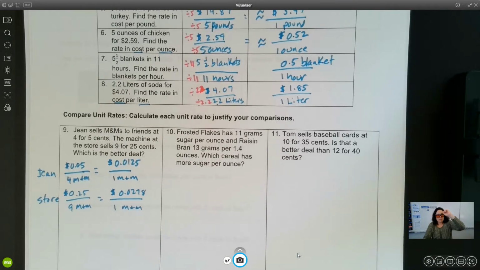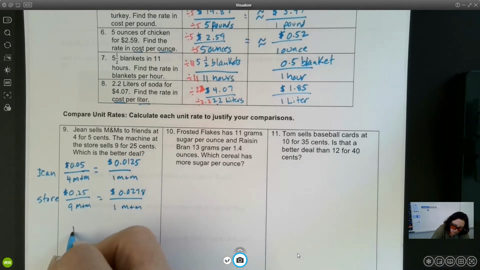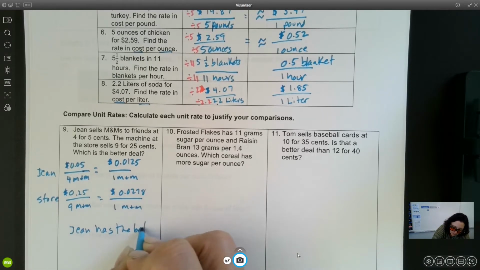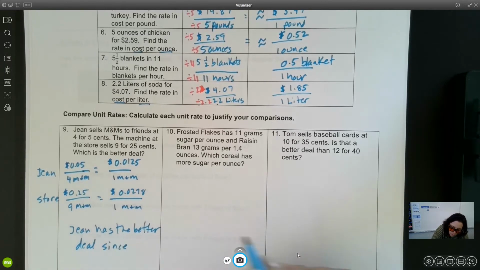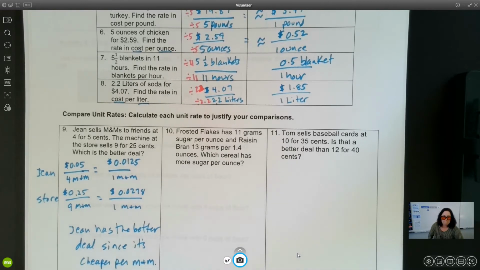Now think about it. For 1 M&M, doesn't it make sense that we want the cheaper price? We want the smallest number on top to be the best buy. So Jean has the better deal, since, and always give a reason, since it's cheaper per M&M.